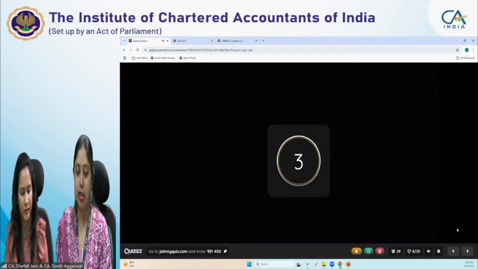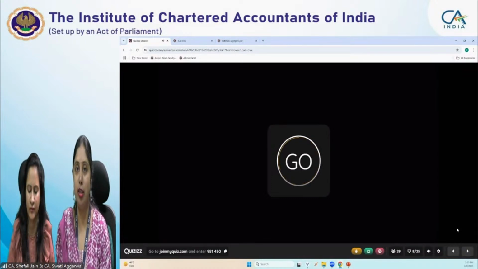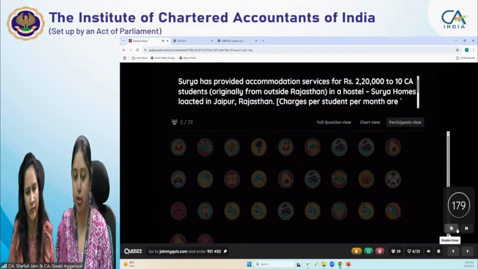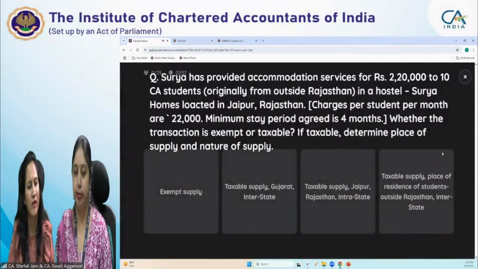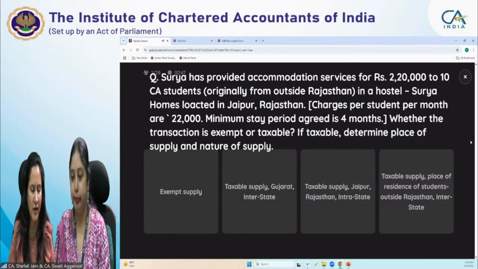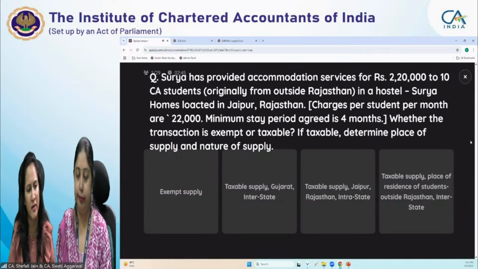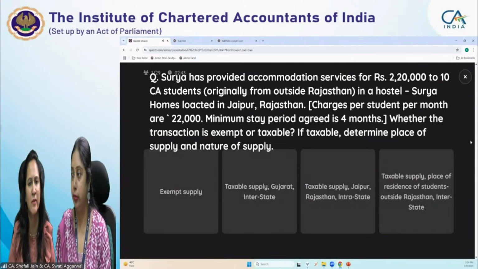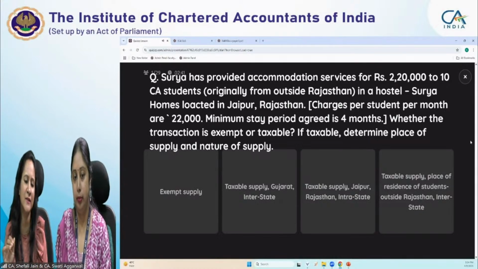The next question is on your screen, pertaining to question number 6, a descriptive question. Surya has provided accommodation services for rupees 2,20,000 to 10 CA students, originally from outside Rajasthan, in a hostel, Surya Homes, located in Jaipur, Rajasthan. Charges per student per month are rupees 22,000 and the minimum stay period agreed is 4 months.